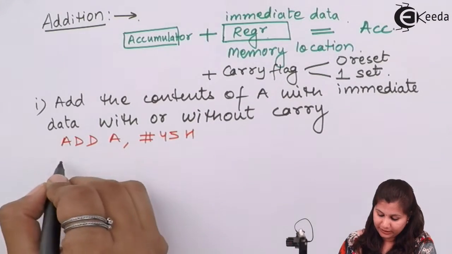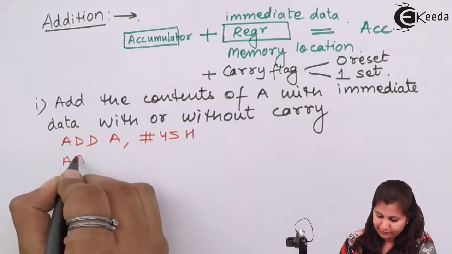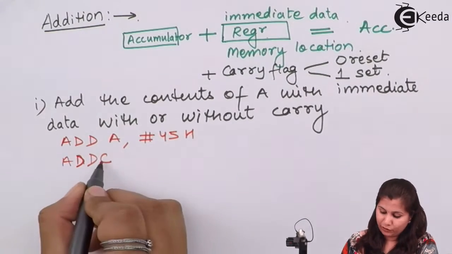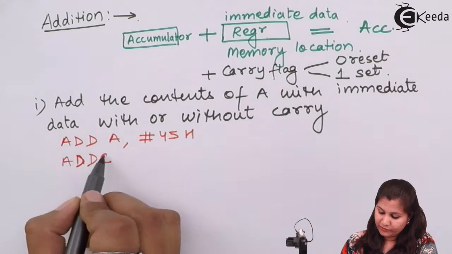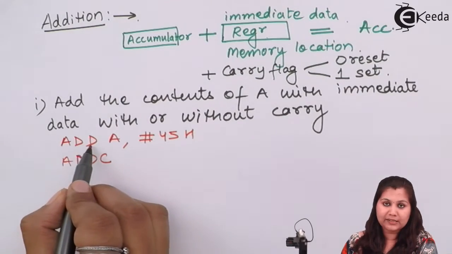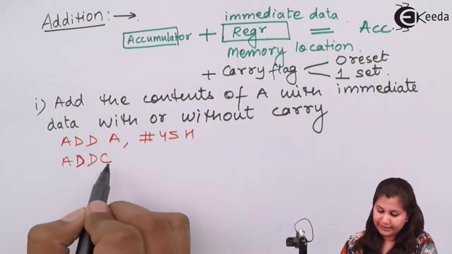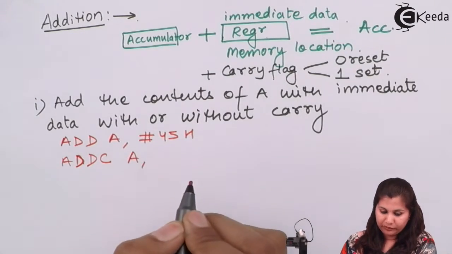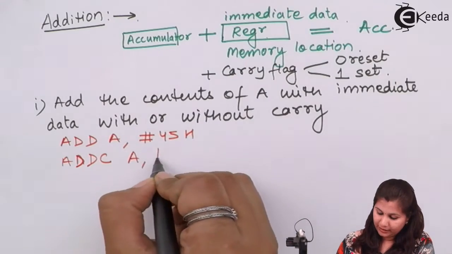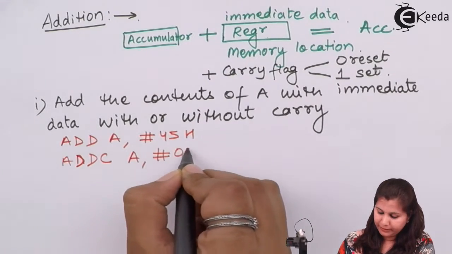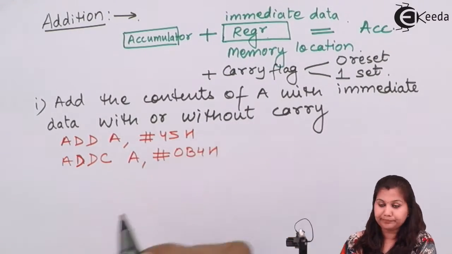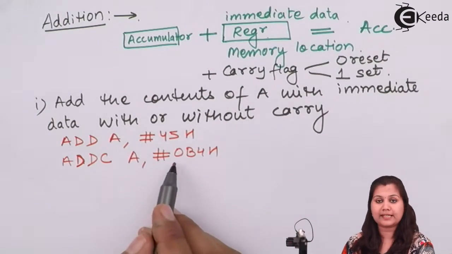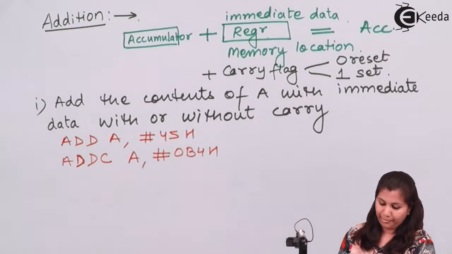If we are using the carry, we will have ADDC, where C is for the carry. So the mnemonic will change. ADD is for without carry and ADDC is for with carry. One of the operands will be in the accumulator and another operand will be the 8-bit data. So this is addition without carry and this is addition with carry.